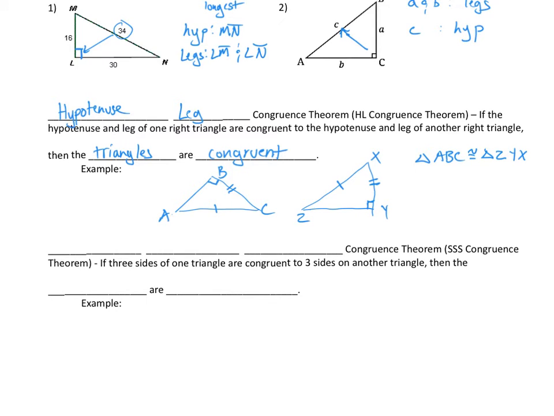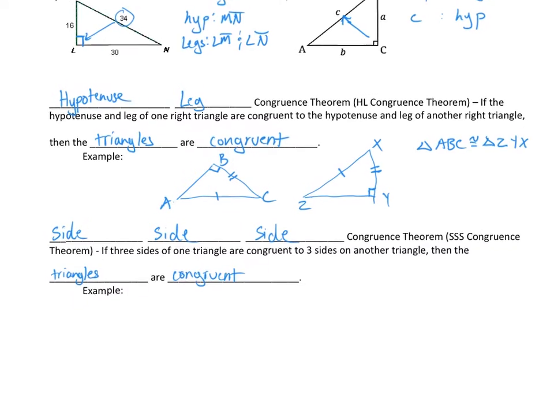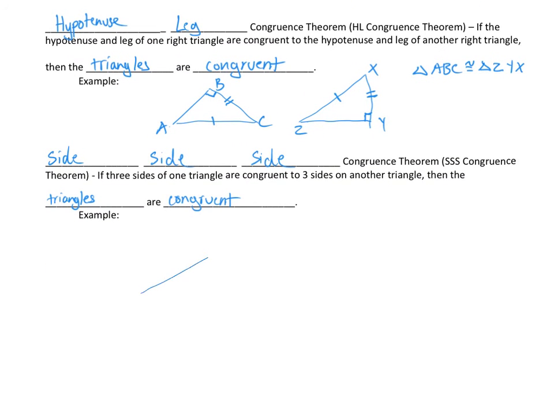Next congruence theorem that we are going to learn is our side, side, side congruence theorem, or SSS. Basically it says if three sides of one triangle are congruent to three sides of another triangle, then the triangles are congruent. So let me draw an example here.